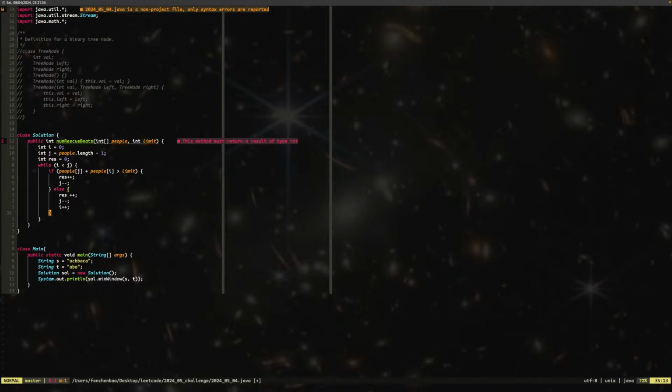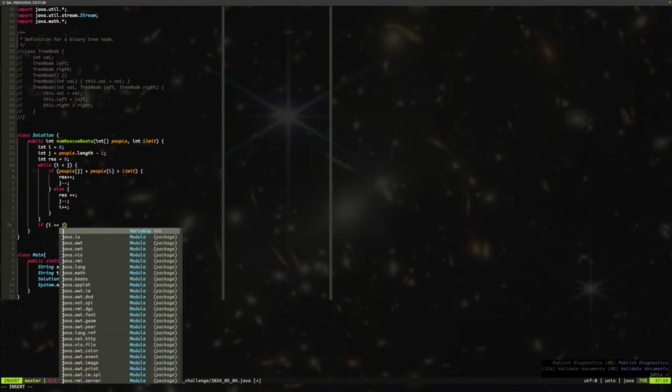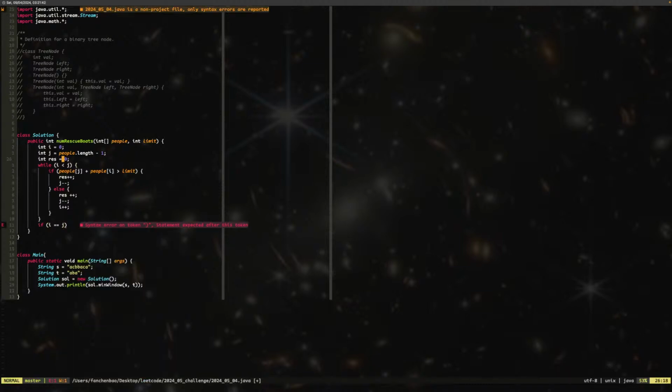And then when we get out, we say if i is equal to j, actually I can do smaller or equal to. We'd have to do smaller or equal to. So if they're equal, then the last one doesn't really matter, larger or smaller.